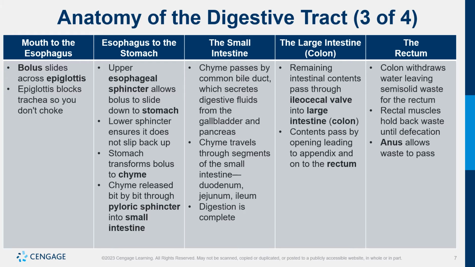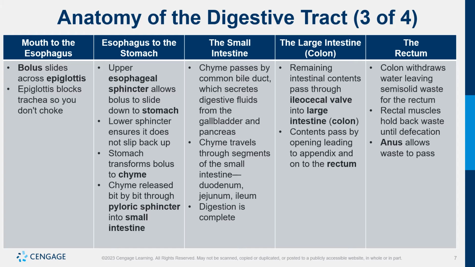In the small intestine, the chyme passes by the common bile duct, which is a connection between the gallbladder and the small intestine and the pancreas. This allows other digestive fluids, such as bile and digestive enzymes, to enter from the gallbladder and the pancreas and mix with the chyme to allow the contents to be further broken down.